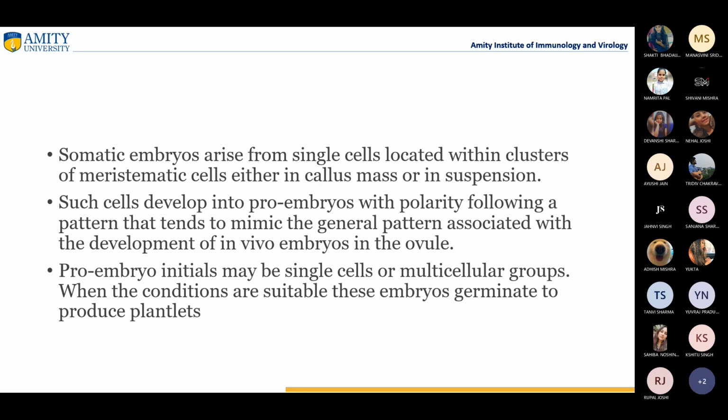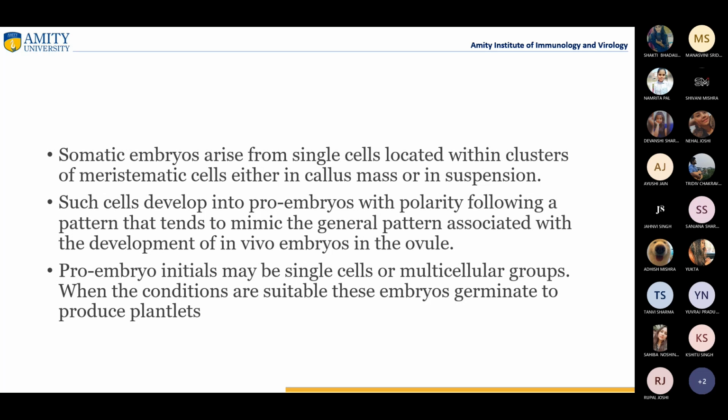Then somatic embryos arise from single cells located within clusters or meristematic cells, either in the callus mass or in suspension. Such cells develop into pro-embryos with polarity, which follow the same pattern or mimic the general pattern associated with in vivo embryos in the ovule, right? So pro-embryo initials may be single cells or multicellular groups.